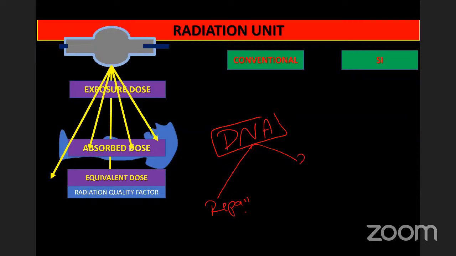One, it tries to repair. If possible, it will repair and the cell survives. The second thing is it cannot repair. When it cannot repair, the cell will undergo death. Both of these outcomes are good for us: either the cell dying or the cell getting repaired.